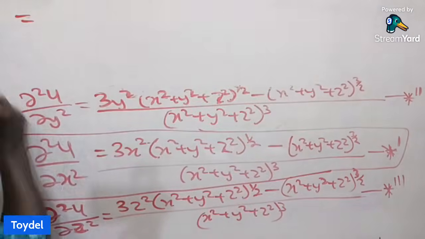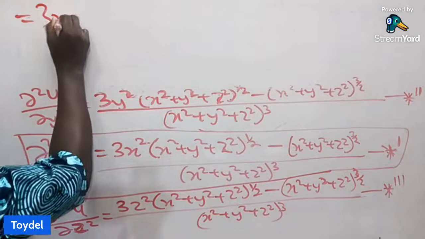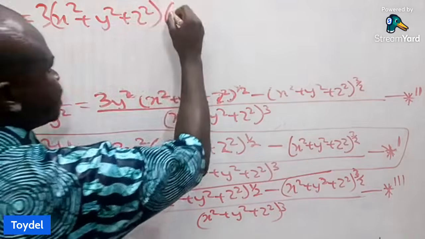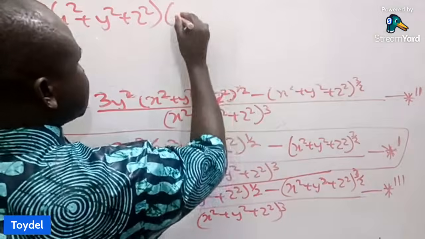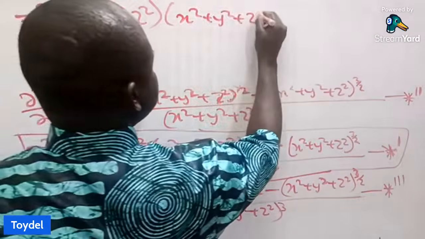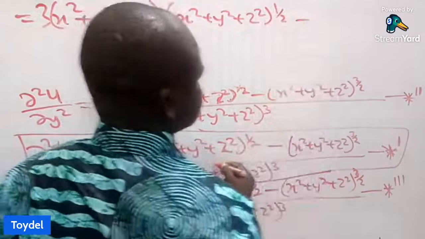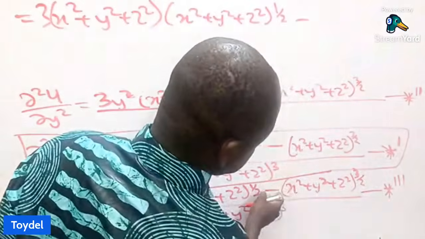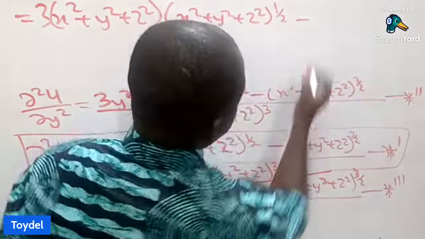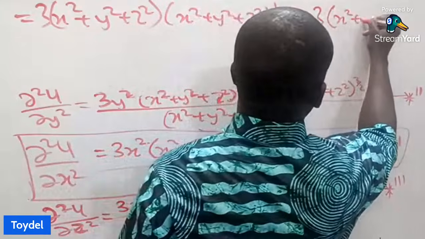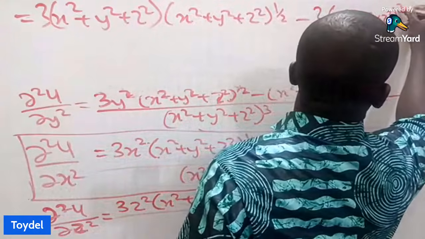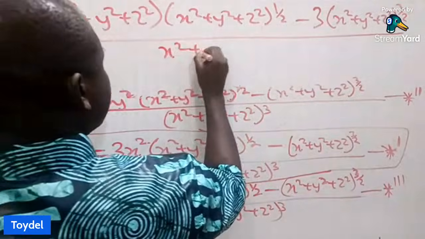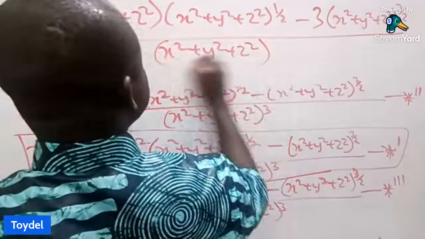Let me write it here. If we add everything together, we are going to have 3 x squared plus y squared plus z squared multiplied by 3, multiplied by x squared plus y squared plus z squared raised by half, minus this, we have 3 into brackets x squared plus y squared plus z squared raised by 3 over 2, all over x squared plus y squared plus z squared, everything raised by cube.